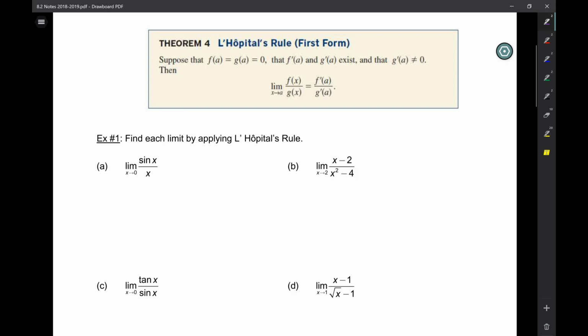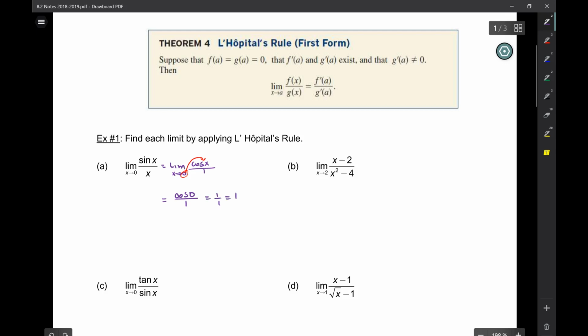So what we do then is we're going to take a derivative, and the limit symbol will stay. Limit as x approaches 0. Take a derivative, take a derivative. So cosine x over 1. And now when I plug in the 0, cosine of 0 is 1. So cosine of 0 over 1, that's 1 over 1.